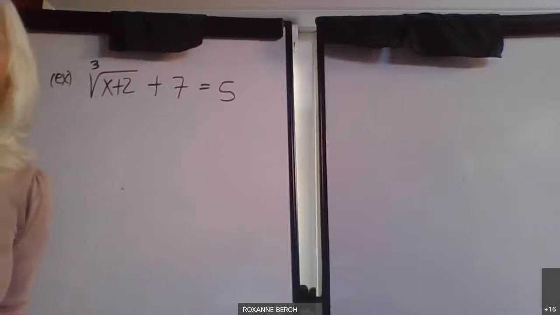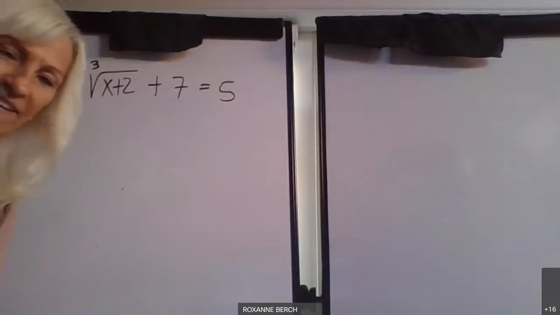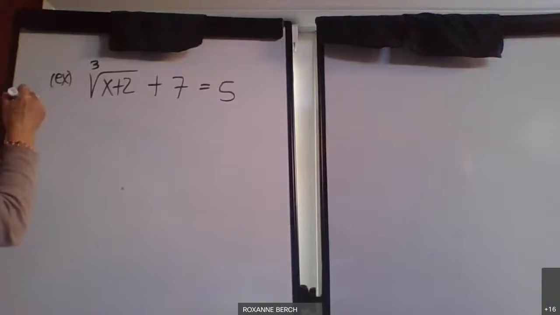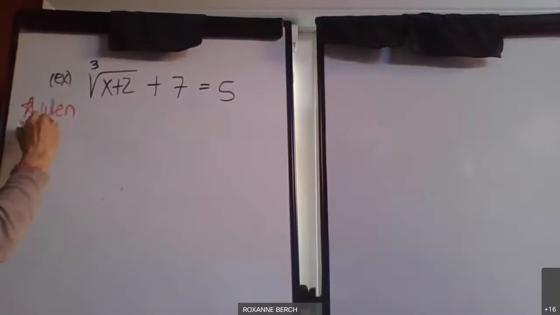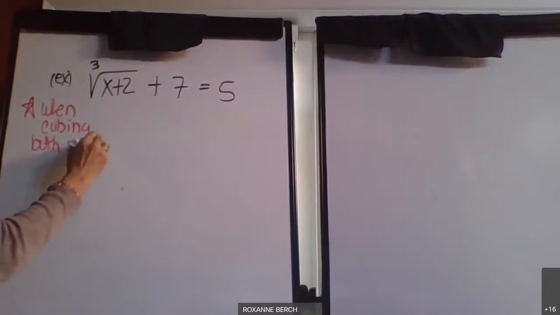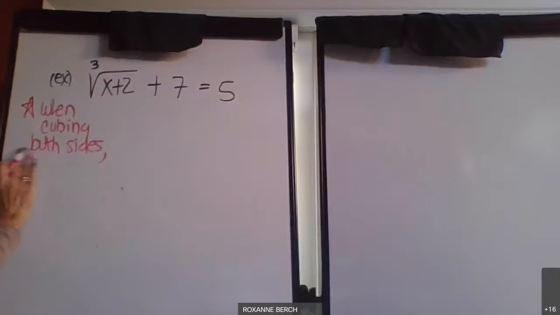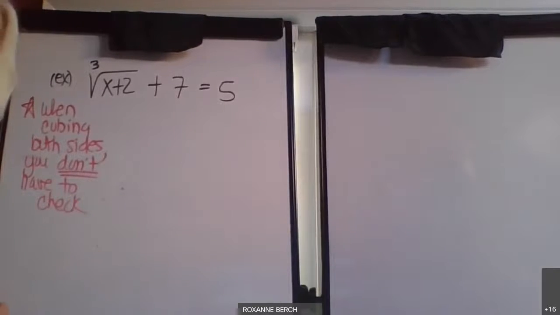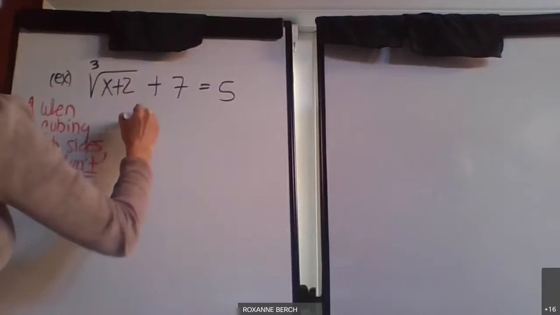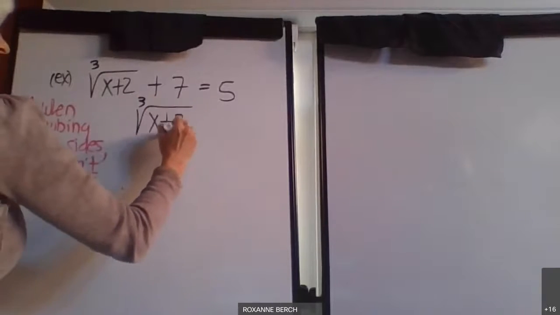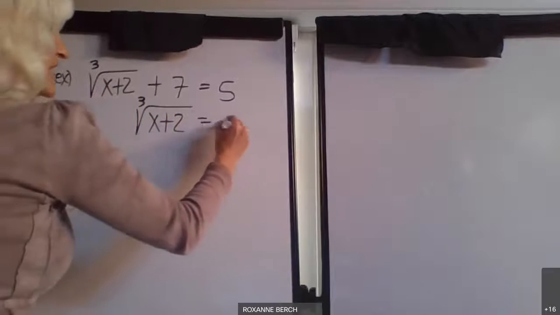Well, guess what? When you cube things, you don't need to check. So cubing doesn't cause extraneous solutions. So we're still going to isolate the cube. Subtract 7, it goes away. Subtract 7 is -2.